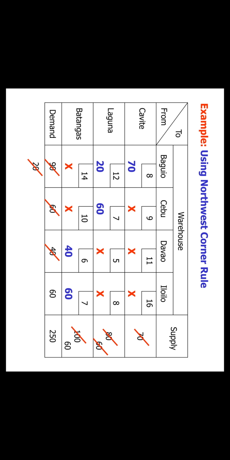So only the northwest corner rule has a staircase pattern that you may want to follow. Other heuristics have no patterns at all. So you choose your unused cell arbitrarily. That means you put your physical 0 on whichever unused cell you want, so long as you end up with a tableau wherein the number of your used cells complies with the m plus n minus 1 rule.